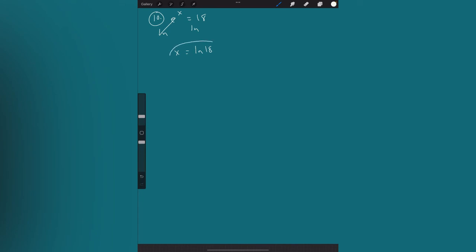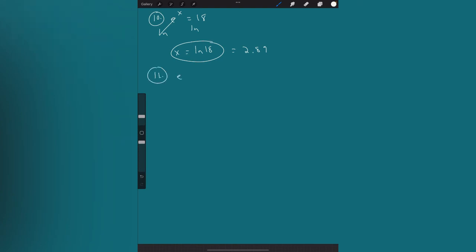And that would be my answer. If I were to actually type in ln of 18, it equals 2.89 something. But you can leave it like that, ln of 18. I'm okay with that, at least for these last few problems.